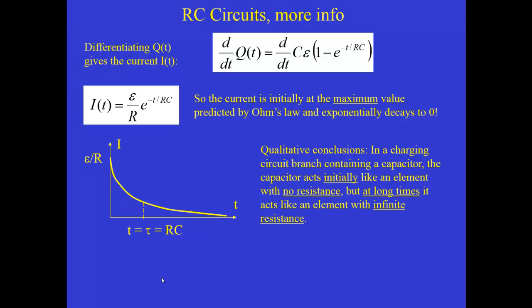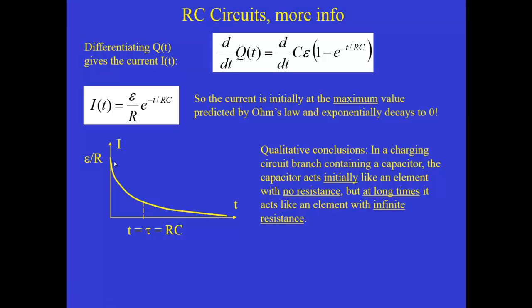If we're analyzing a circuit that's got resistors and capacitors in it, in that kind of a circuit, the capacitor initially acts like an element with no resistance because there's no charge on it. And as charge builds up on a capacitor, that opposes the flow of more charge onto it because of the Coulomb repulsion.